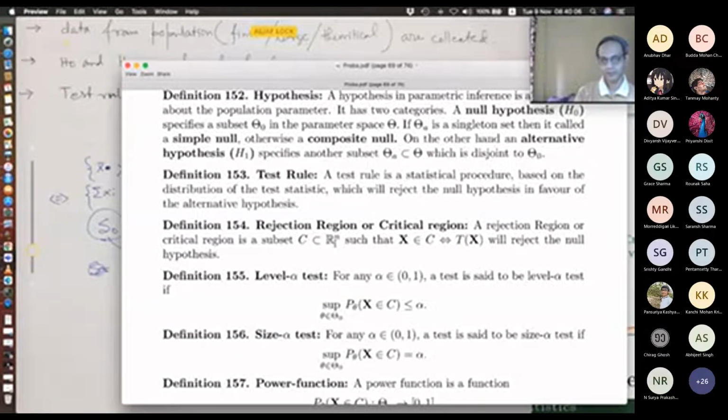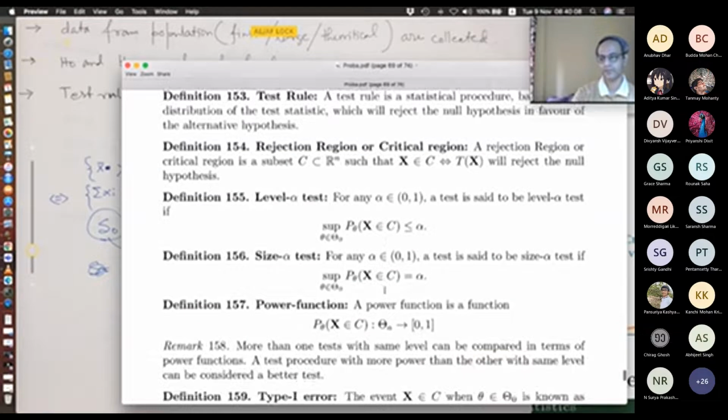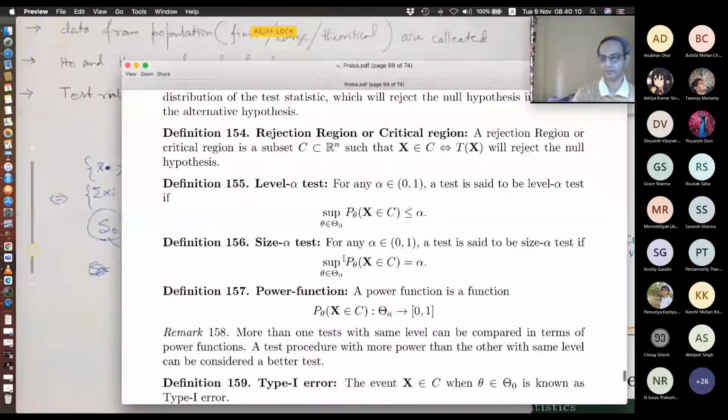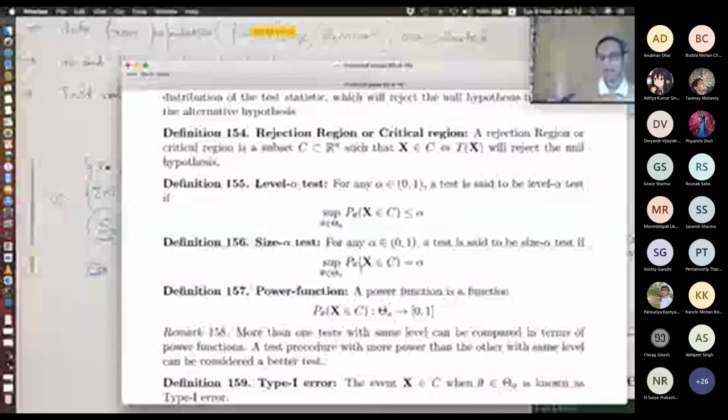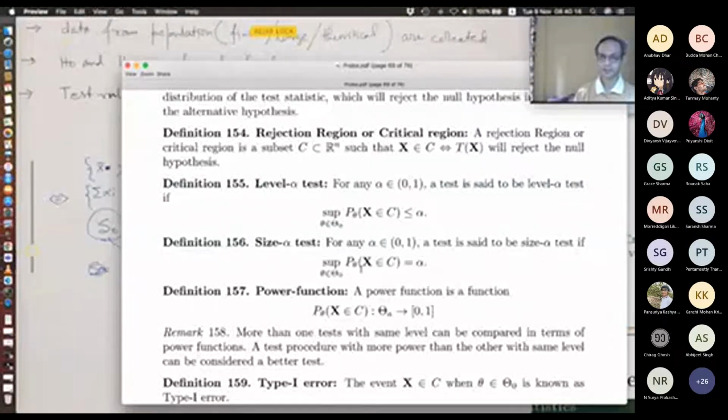For your course, everything will be size. We will not go for level alpha. So you can consider that under H naught, the probability of rejecting the null hypothesis is alpha, and this alpha is a pre-specified number.